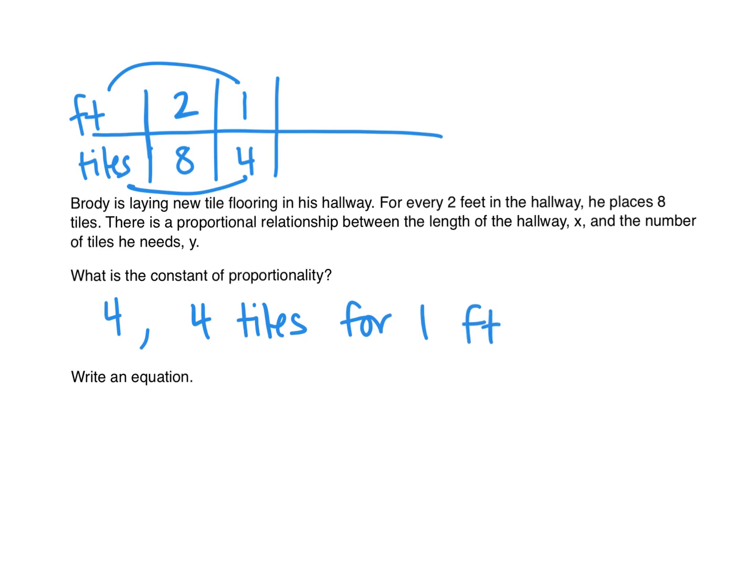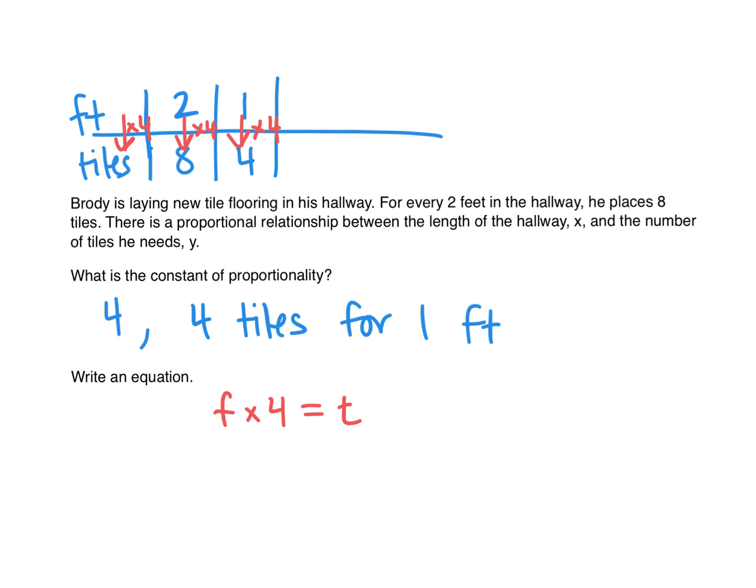Okay? All right, now when we write our equation, again, we're trying to connect the 2 variables. So we're looking for the connection between feet and tiles. And our connection is timesing by 4. Okay, so if I'm thinking about it with what's in the problem, I would think the amount of feet times 4 will give us how many tiles we need.